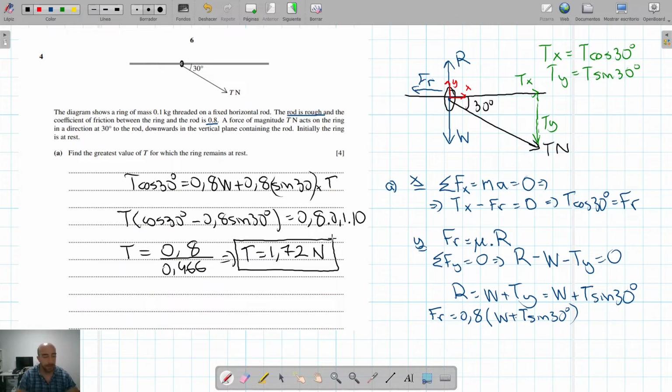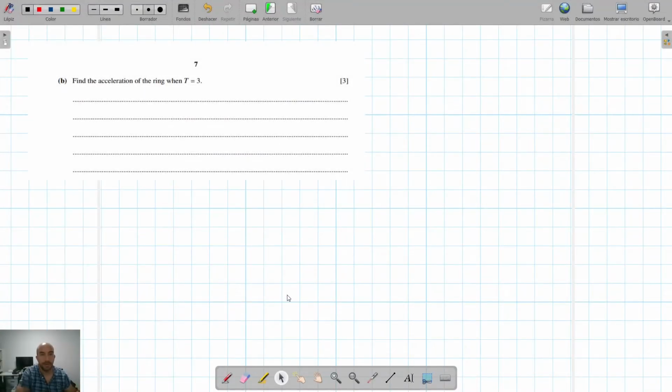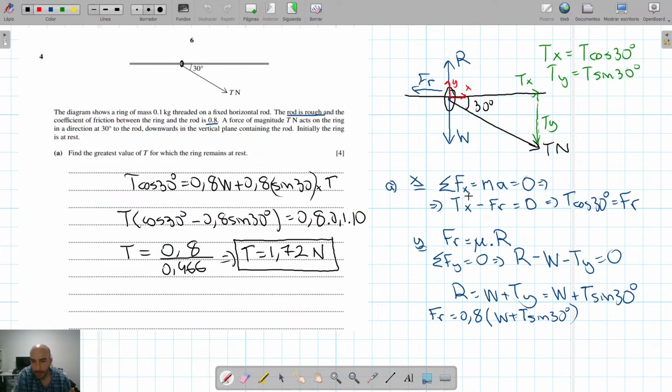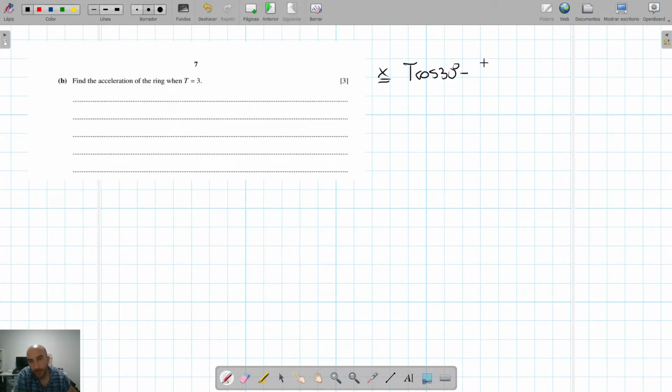Okay? So, first question, let's go to the next one. So the next question says, find the acceleration when T equals 3. So we had in the x-axis that the T cosine of 30 minus our friction was, in this case, as it's moving, mass times acceleration.